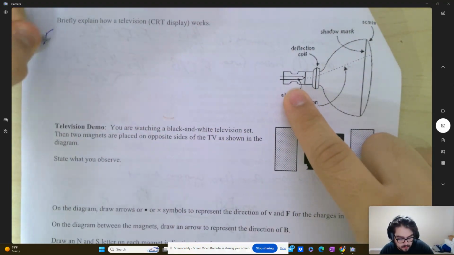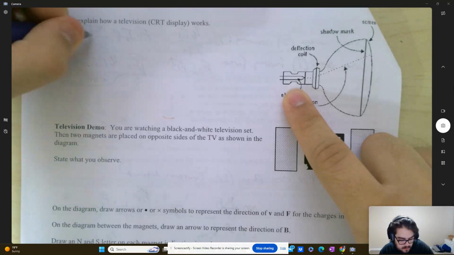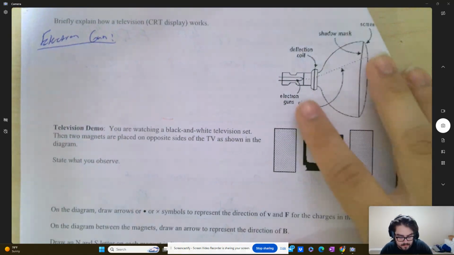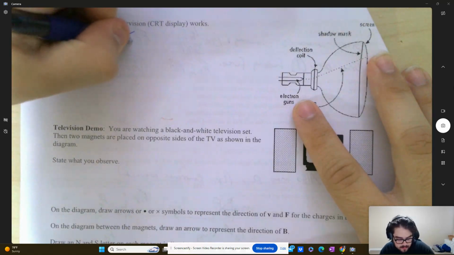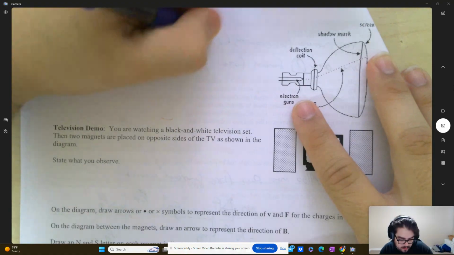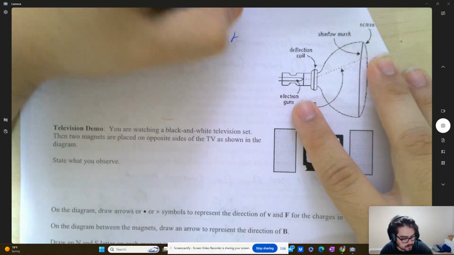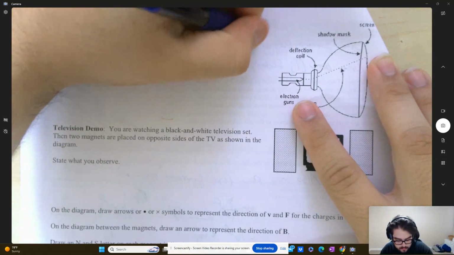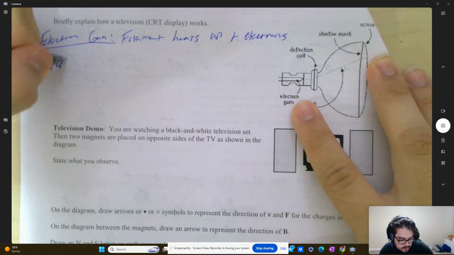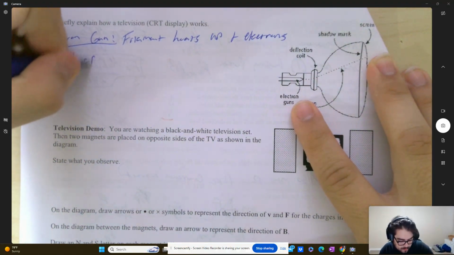How does that work? The electron gun works through a filament, and it heats up. So the filament heats up, and electrons kind of pop off the filament.